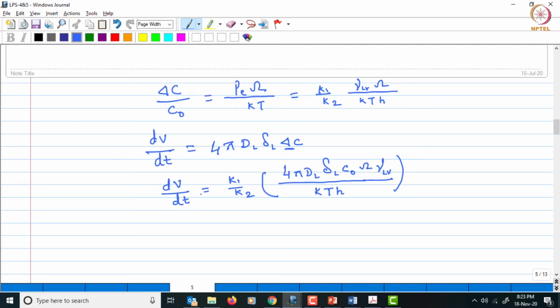And we have also seen before that the volume V is given by pi a h square.